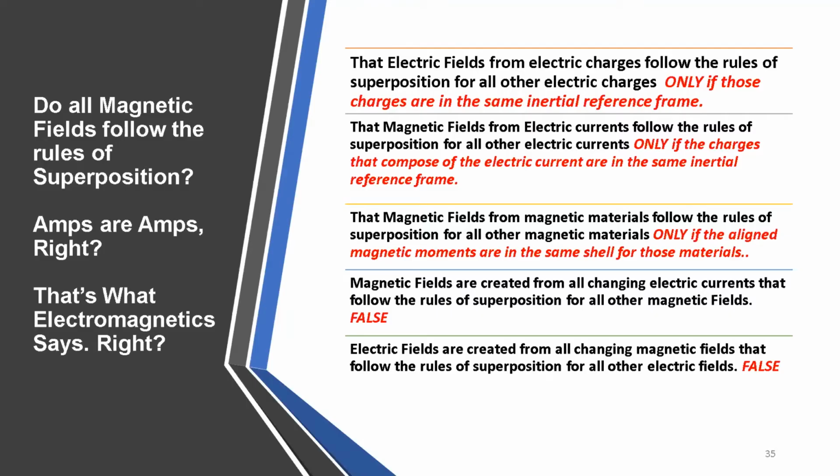A lot of people wrote papers on that; the changing magnetic field generates effects that people can't explain, but that's beyond this discussion. Electric fields created from changing magnetic fields supposedly follow the rules of superposition for all other electric fields, and that's not necessarily true either. But that's beyond this set of PowerPoints.